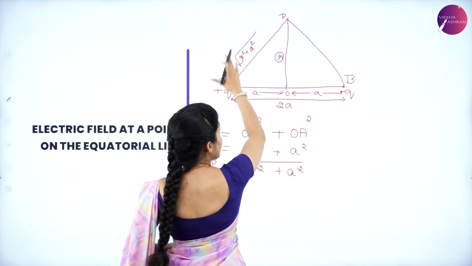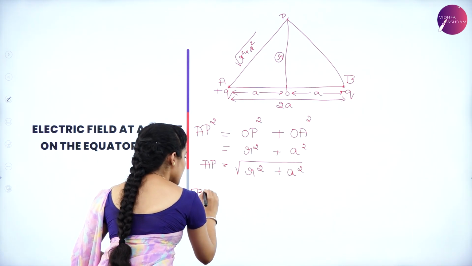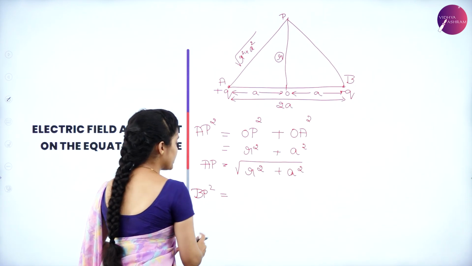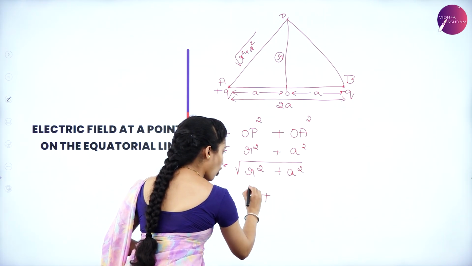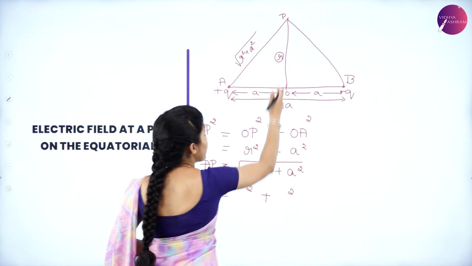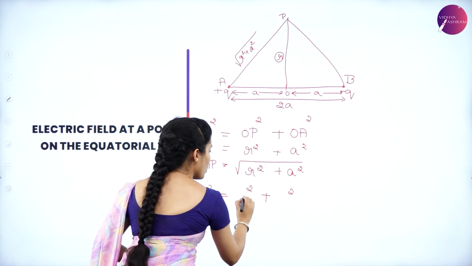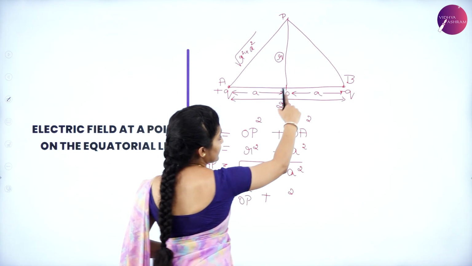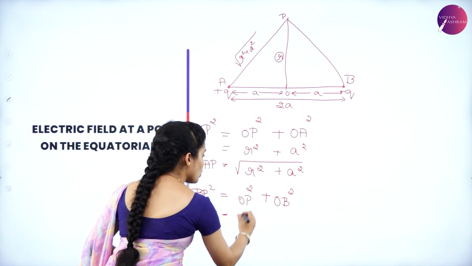The same thing is applied to BP also. So you can just write BP square is equal to, that is, square of hypotenuse is equal to the sum of squares of other 2 sides. So I can just consider OP square and the other side as OB square. So what is OP square?